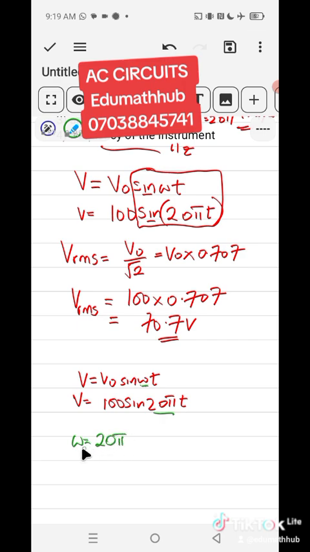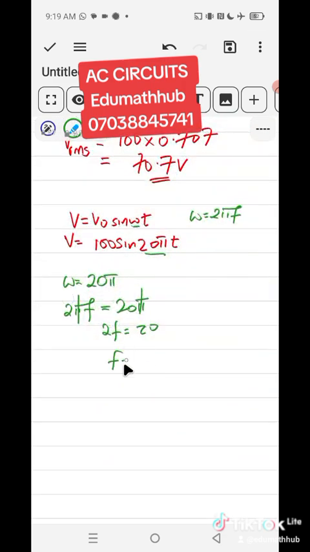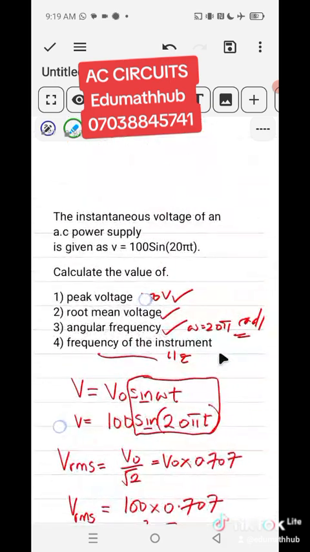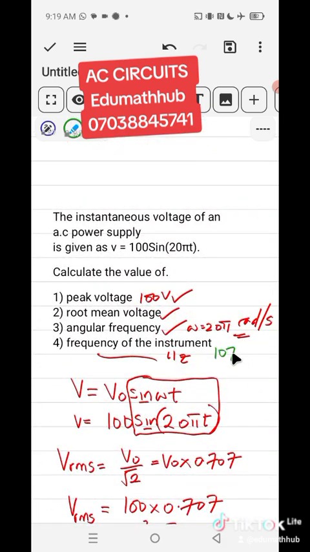But omega has a formula, which is 2 pi f. So 2 pi f equals 20 pi. The pi cancels pi, and you have 2f equals 20. From here, f is 20 over 2, which equals 10 hertz. So the frequency of the instrument is 10 hertz.